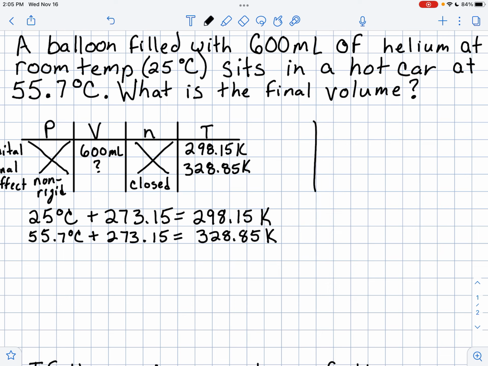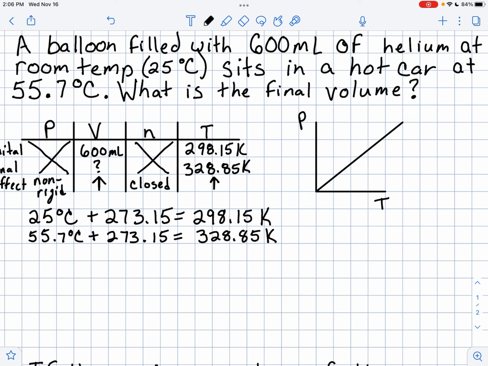When we look at our graphical relationship, we know that when temperature increases, so does my volume. When temperature decreases, so does my volume. It's a direct relationship. Looking at my temperature, it went from 298.15 to 328.85. It increased. That means that my volume should also increase.